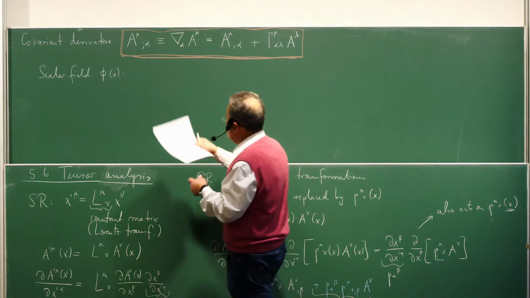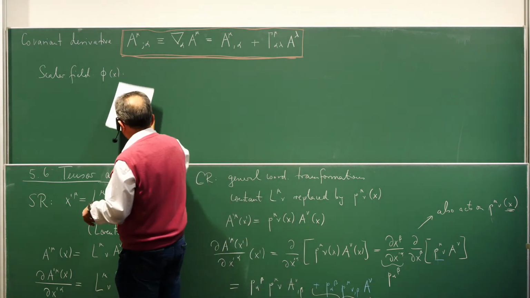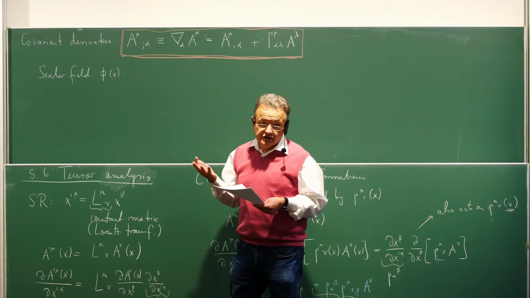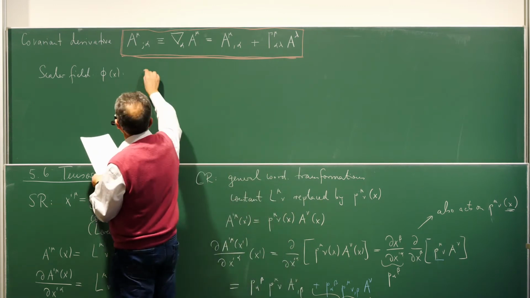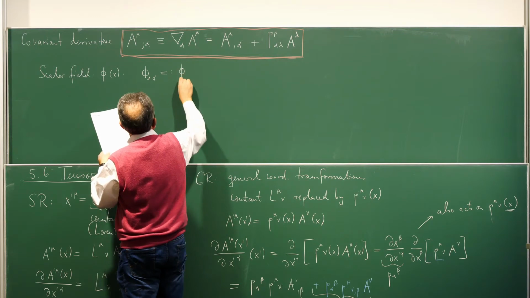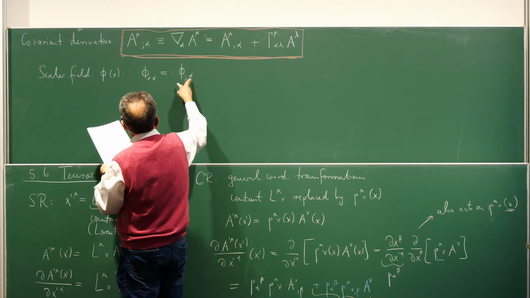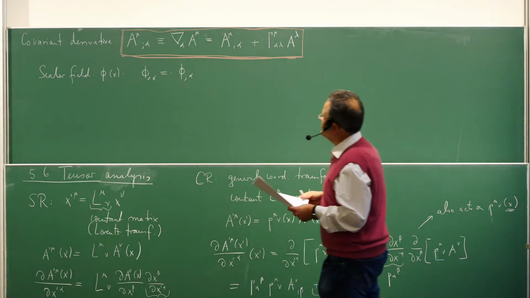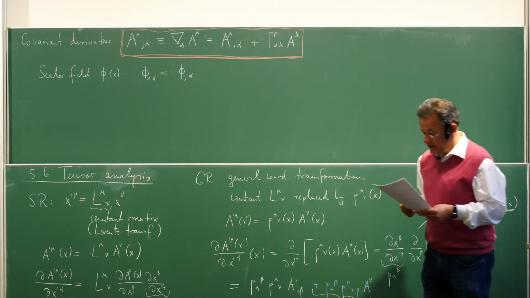In that case, the partial derivatives are already equal to the covariant derivative. So here phi comma alpha can be taken identical to the covariant derivatives because they are already covariant.